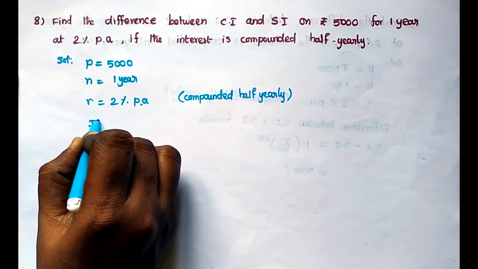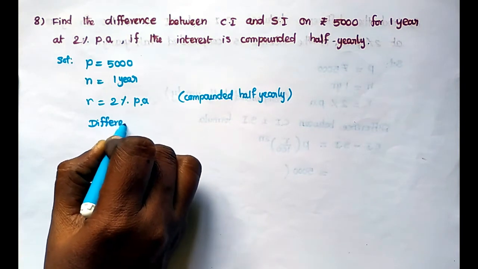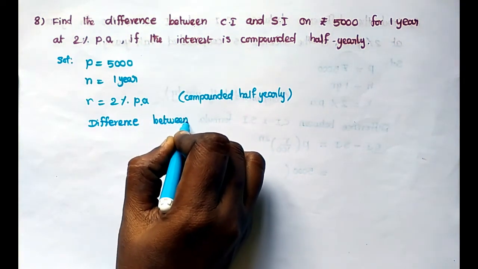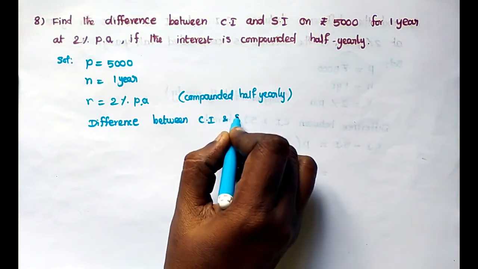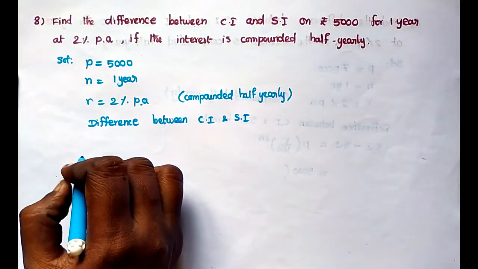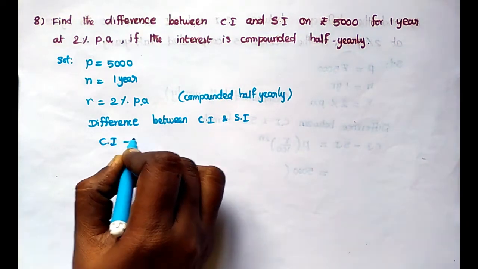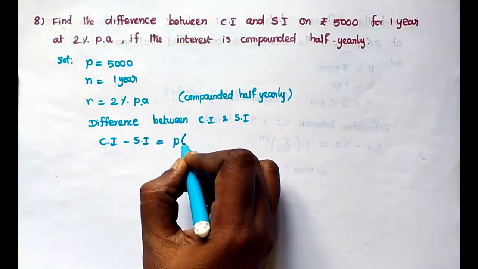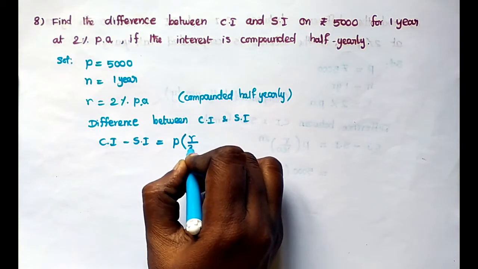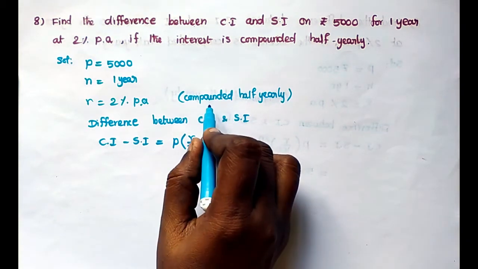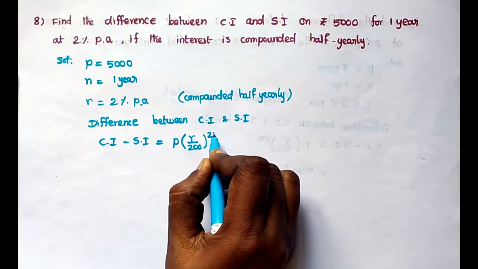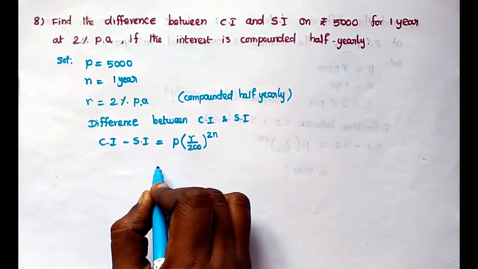Difference between the compound interest and simple interest, we have the formula. What is that? Compound interest minus simple interest equal to P into R by 200, because here compounded half yearly, power 2n.